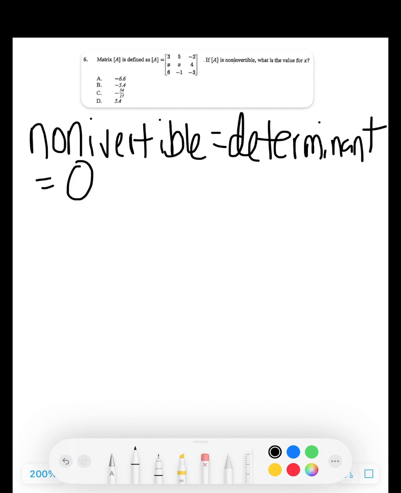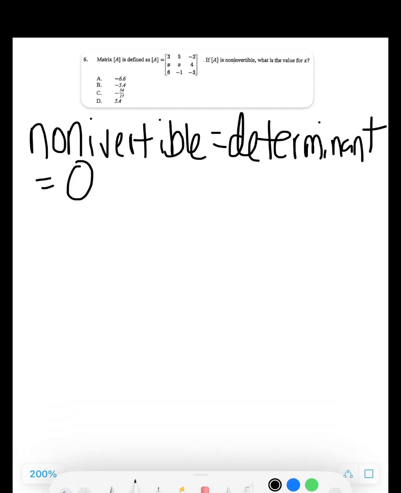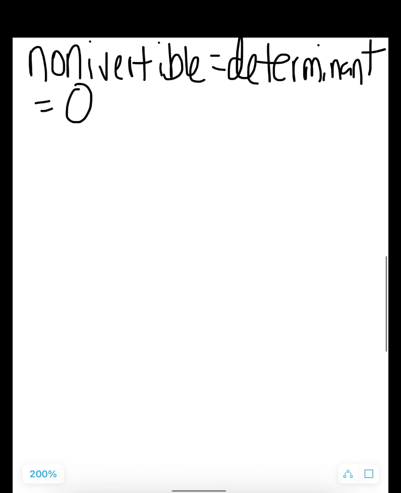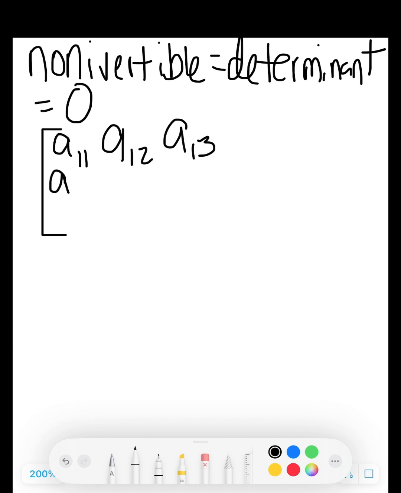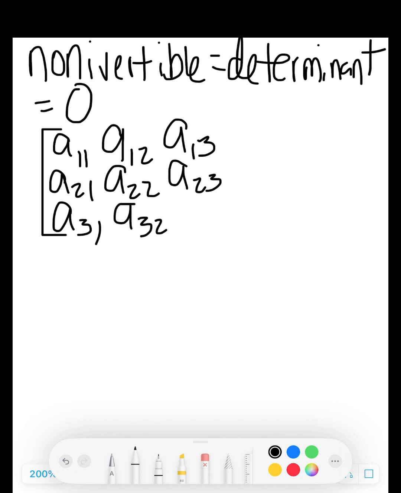equals 0. So if we look at any general matrix of the form A11, means it's in the first column and the first row, A12, A13, then we have A21, A22, A23, A31, A32, A33.